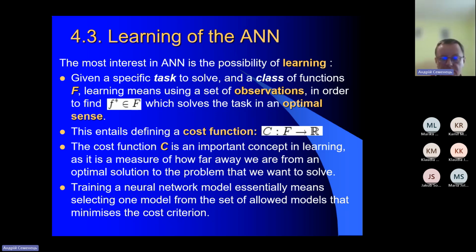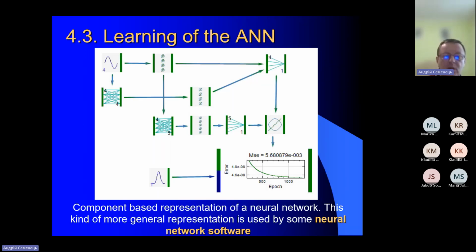And so a cost function is identified for this case, which maps to the range of real numbers. It measures how far away we are from the optimal solution to the problem that we want to solve. And training essentially means selecting one model from the set of models that minimizes the cost criterion. So once we achieve minimal cost, we think our solution is optimal.